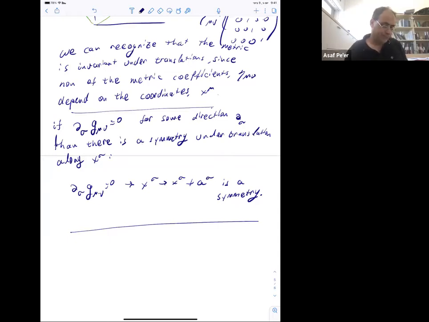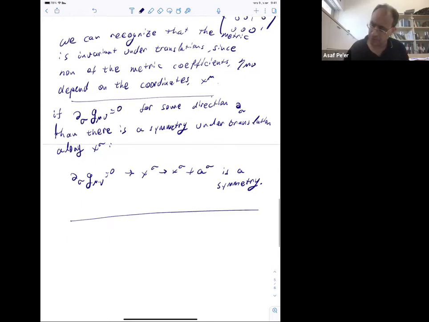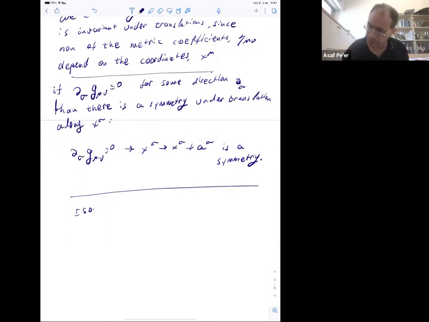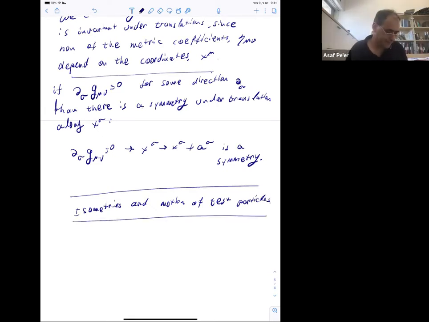Okay, so the importance of isometries is associated with the motion of particles along geodesics. Let's see why. Isometries and motion of test particles along geodesics.